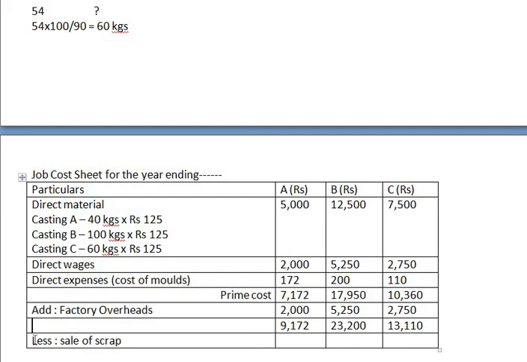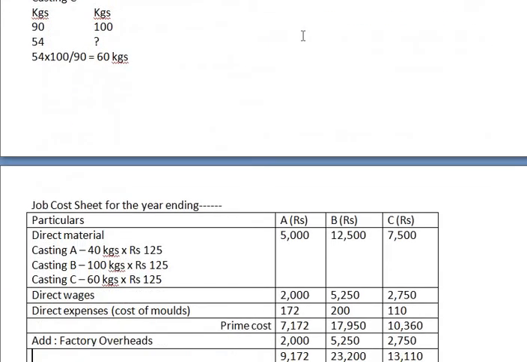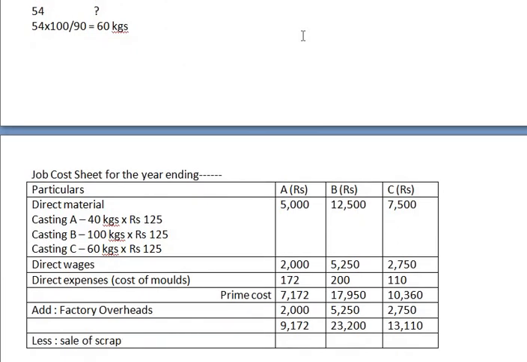Okay, now what they have told related to sale of scrap, read the first paragraph. 10% of the raw materials introduced is wasted in manufacturing, which is sold as scrap at rupees 25 per kg. To get required output, suitable quantity of raw material is introduced in the beginning. Okay, so 25 rupees per kg they have sold scrap.